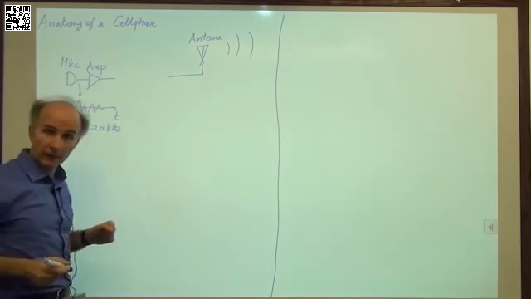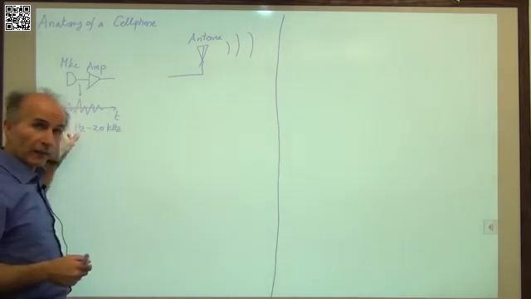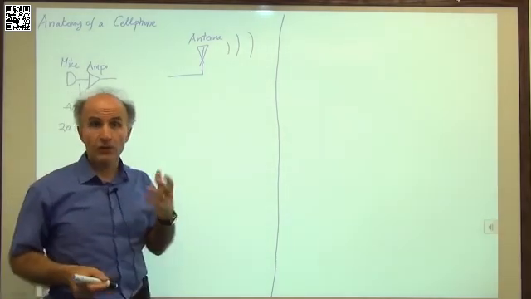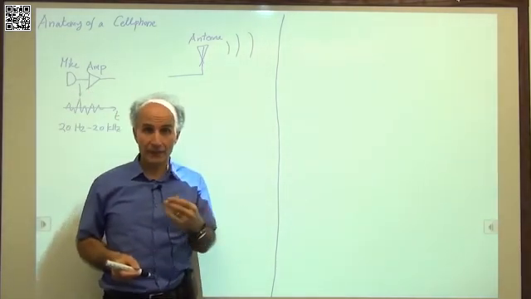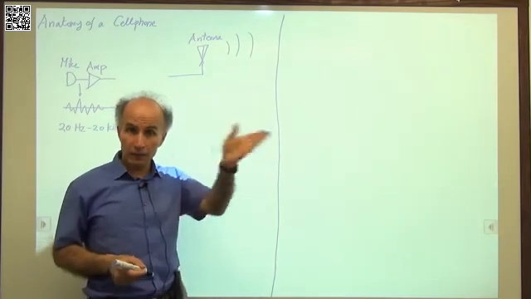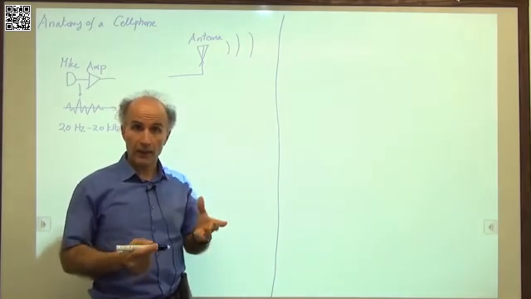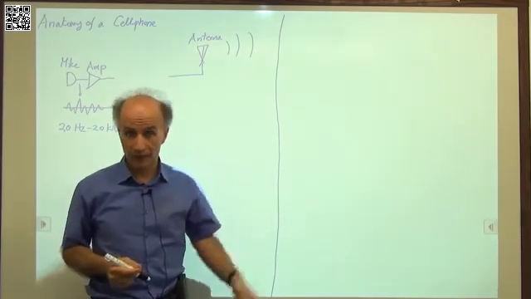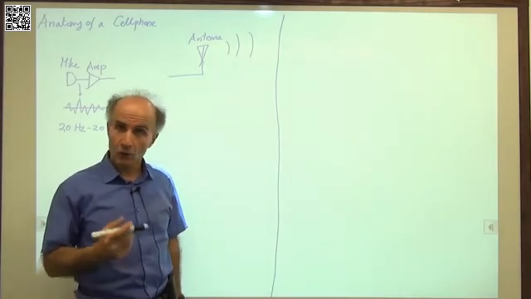And if you do a quick calculation, you will see that the wavelength associated with these frequencies is extremely large. So there's just no way that we could connect an audio signal directly to an antenna and hope that antenna with any reasonable dimensions would be able to radiate. It would not radiate. So what do we do here?